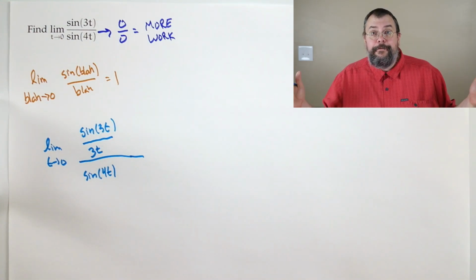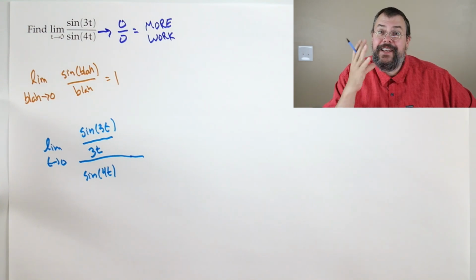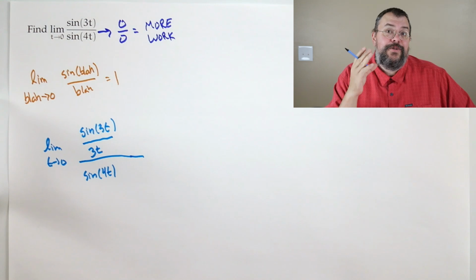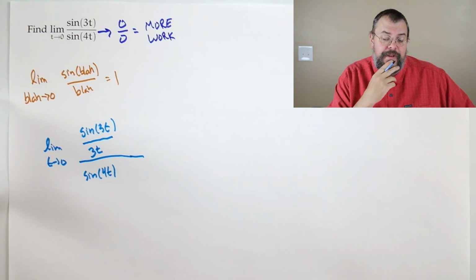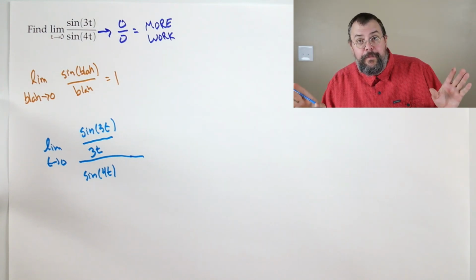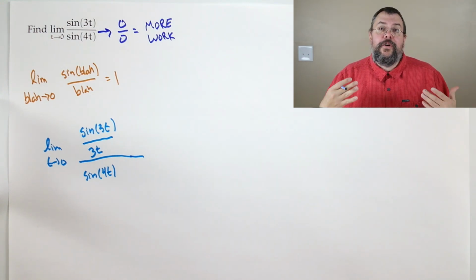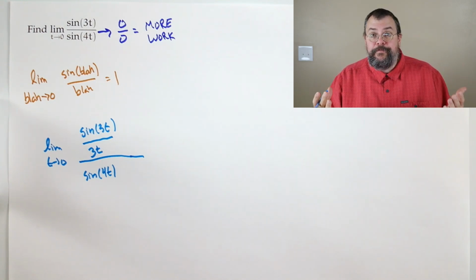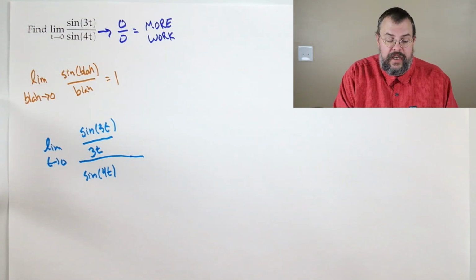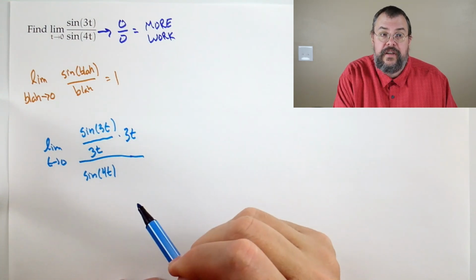And you're probably thinking, well, life would be great if you could put a 3t there. But can we? Is that allowed? Do the rules allow us to put a 3t there? Well, the answer is we can put a 3t there if we balance it out. So the net effect is whatever we do, we have to have the total amount of change be 1. So if I'm dividing by 3t, I compensate simultaneously by multiplying by 3t.